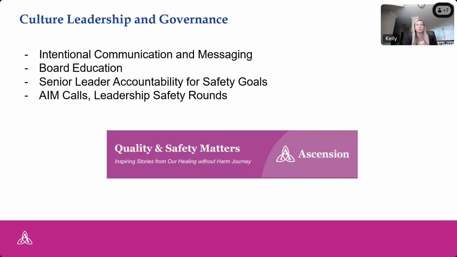So with culture, leadership, and governance, what we heard was that while we understood all of the work that was happening in quality and patient safety across Ascension at the executive leader level, and some significant improvements and wonderful wins, that messaging wasn't really translating down into our middle level of management or our front line.